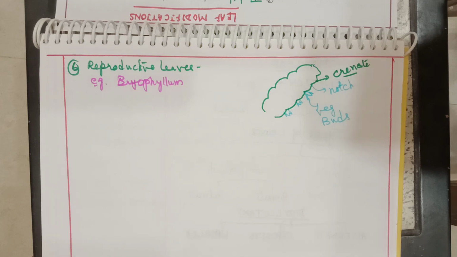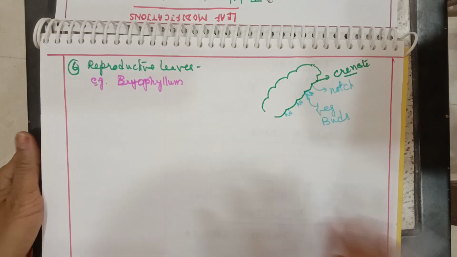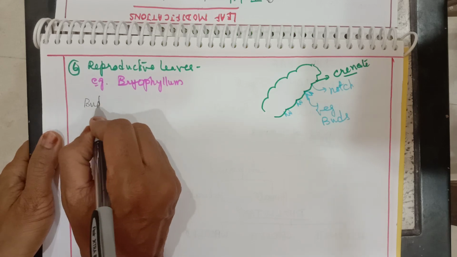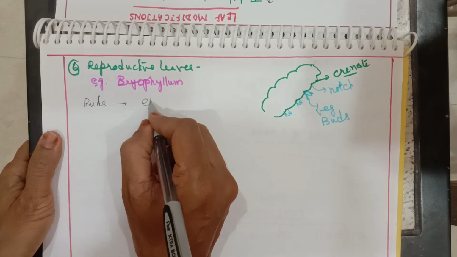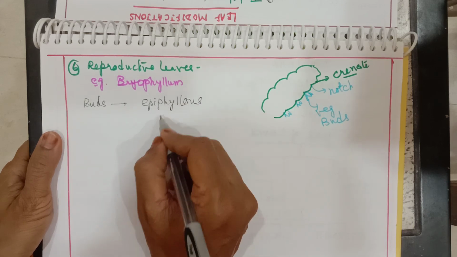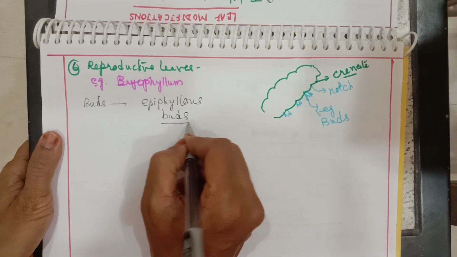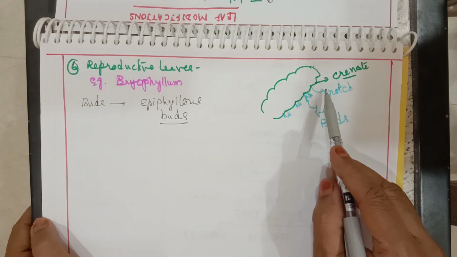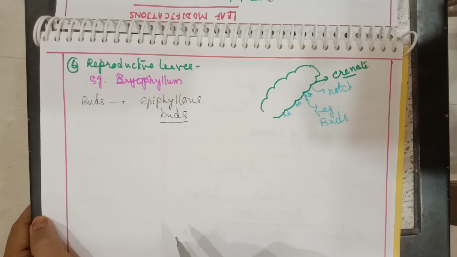Thus, these leaves help in vegetative propagation, and these are reproductive leaves. The buds which are formed are called epiphyllous buds, because they are formed on the leaves. So, epiphyllous buds, where are they present? In the crenate margin of the leaves in the case of Bryophyllum.